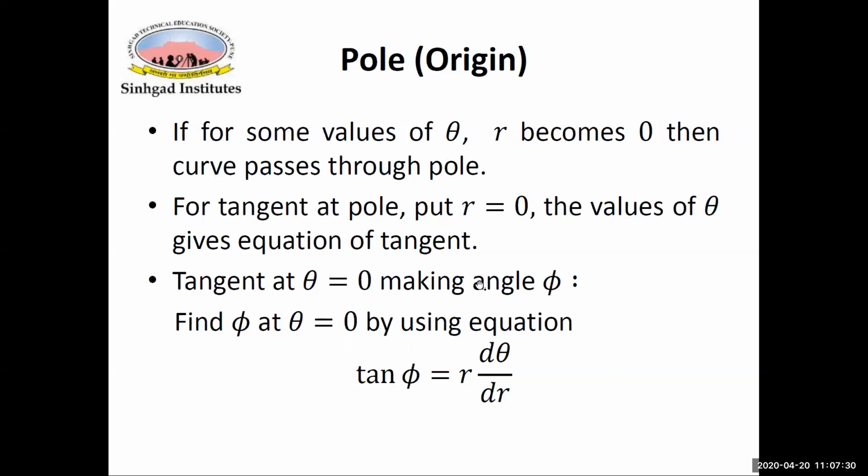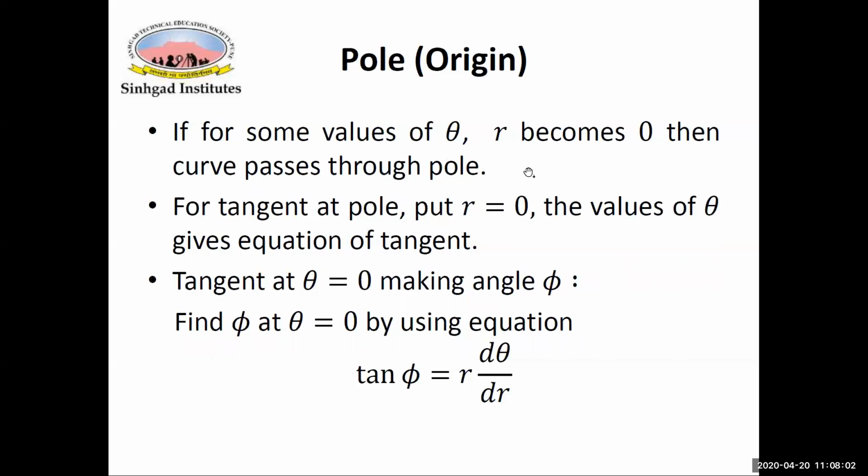Now, the next point is whether the curve passes through the pole or not. You have to identify the value of theta for which r will become 0. And in that case, your curve will pass through the origin. If you take r equal to a sine theta, for theta equal to 0, r is 0, hence it passes through the pole.